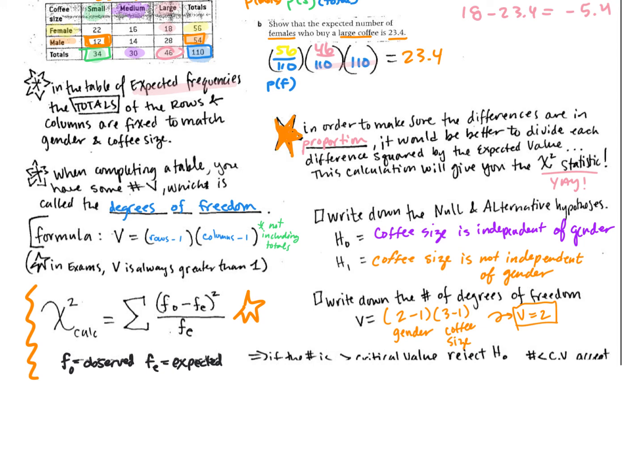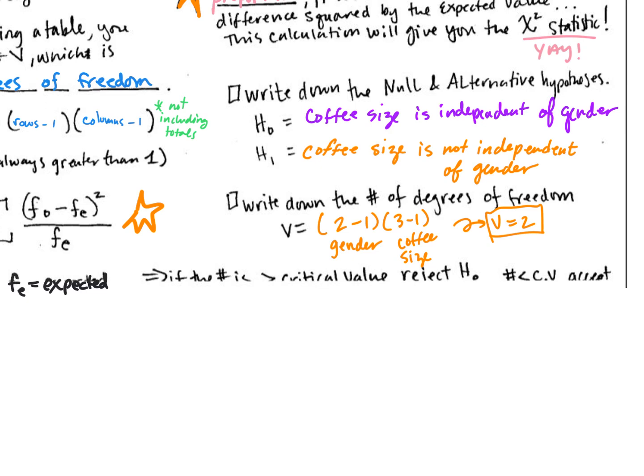The other thing here that got cut off, and I'm so sorry, and I know this video is super long, but this is what you get. If the number is greater than the critical value, which is related to your degrees of freedom, it rejects your null hypothesis. Period.